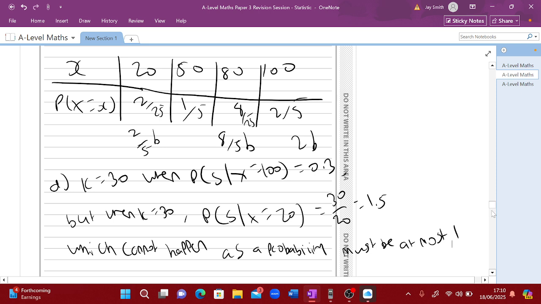So therefore, Tissam's model is not appropriate here.